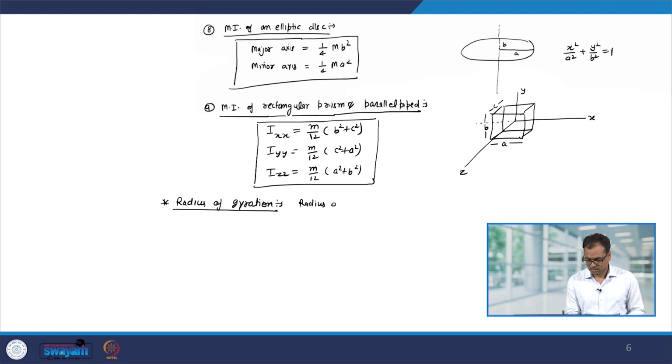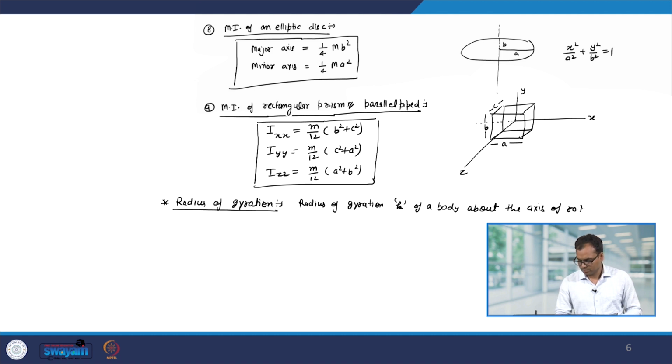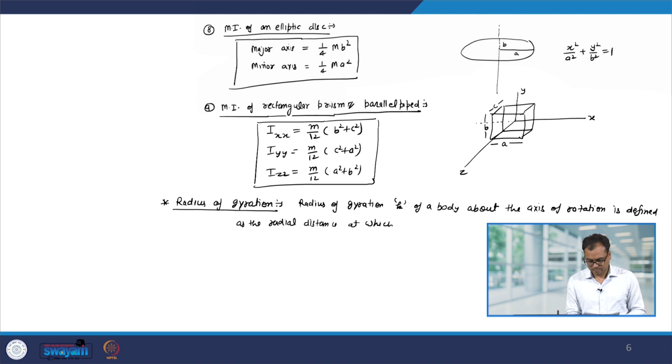The radius of gyration, denoted by k, of a body about the axis of rotation is defined as the radial distance at which the entire mass of the body should be concentrated if its moment of inertia about the axis is to remain unchanged.